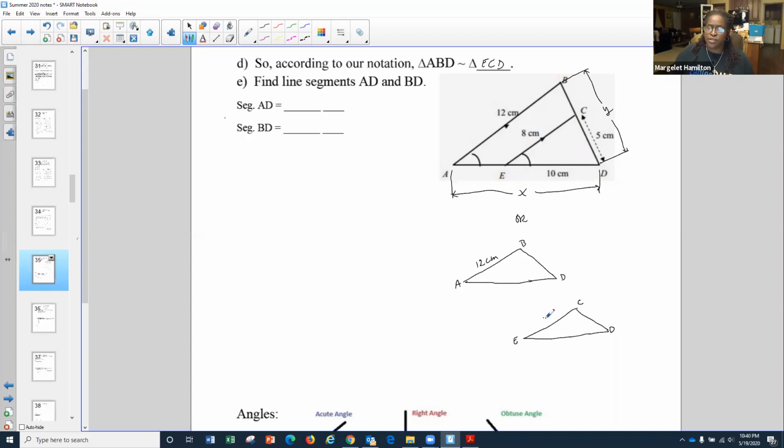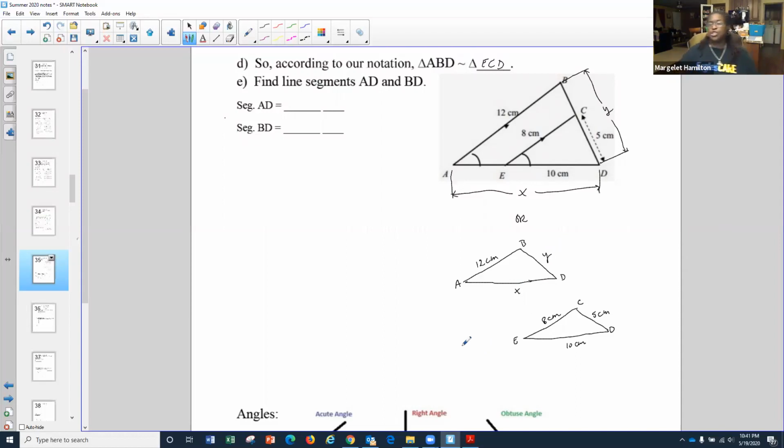Then this is 8 centimeters. Then this part down here, ED, is 10 centimeters. CD is 5 centimeters. And then they want us to find this right here is going to be our X, and that this part right here, we call it Y.